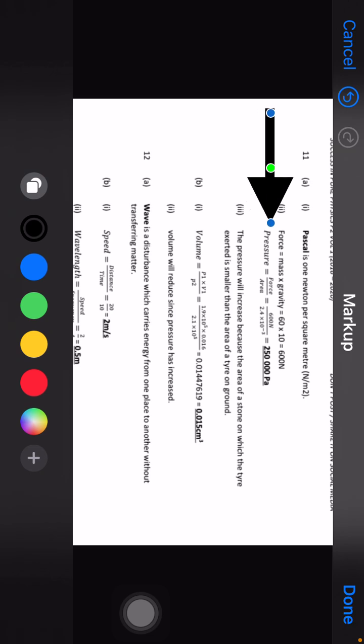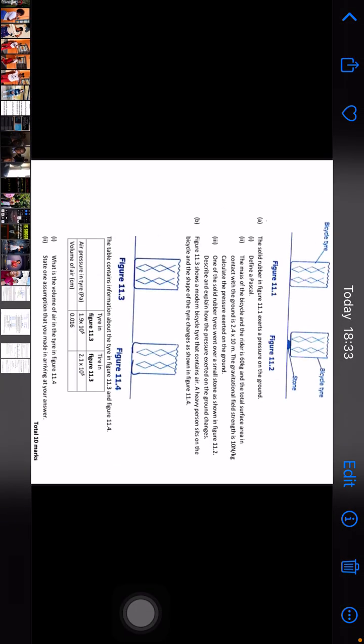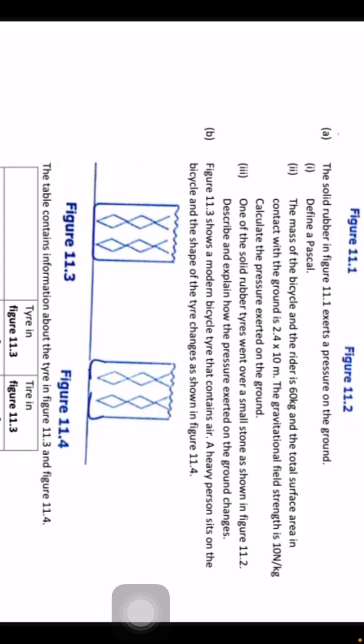Okay, I go to the next question. Question 3. One of the solid rubber tires went over a small stone as shown in figure 11.2.